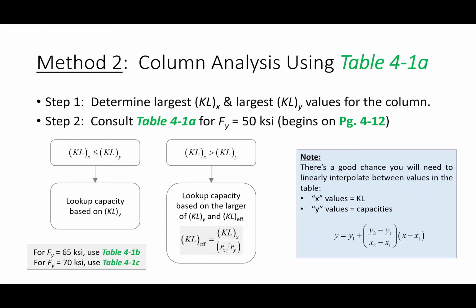Now, if KLY is bigger, just look it up. If KLX is bigger, what we do is we compare KLY and KL effective and look up the capacity based on the bigger of the two. And between these, we will most likely need to do some interpolation. So break out linear interpolation for that.